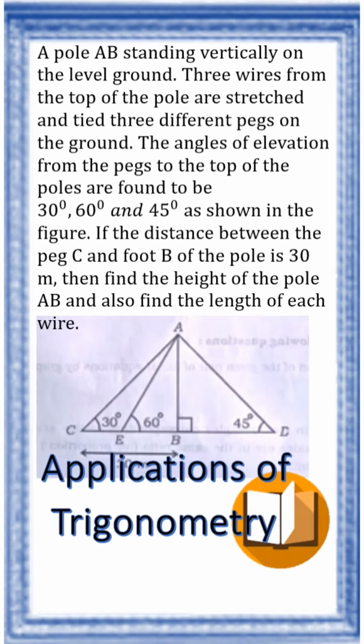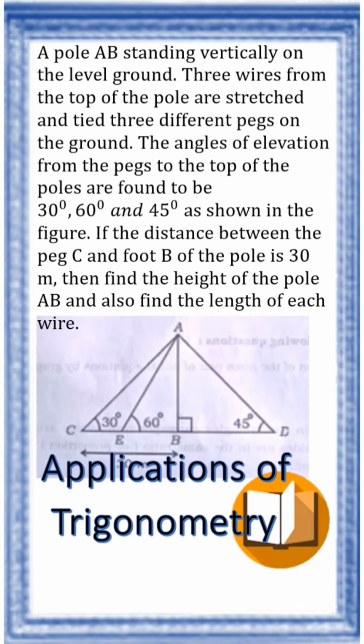Now let us solve the 38th question of the state level preparatory exam question paper. The question is taken from the chapter Applications of Trigonometry. The question is: a pole AB standing vertically on level ground. Three wires from the top of the pole are stretched and tied to three different pegs on the ground.